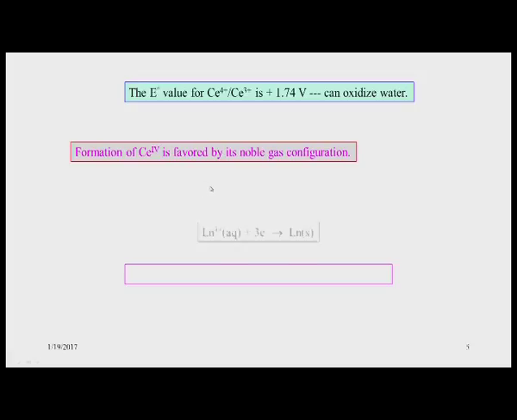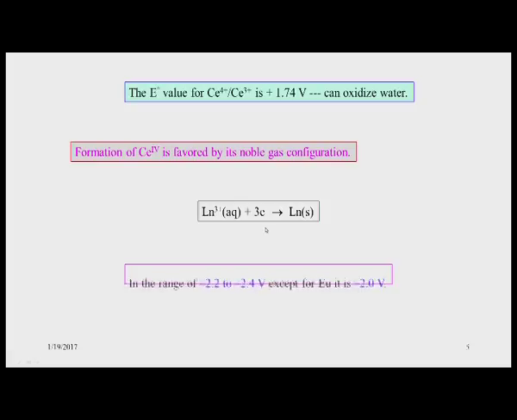So for cerium we get that, but for the reduction to the elemental state, the other way around, we go from plus 3 to plus 4, but if we go in the reverse direction, that means we transfer 3 electrons to the lanthanoids in the trivalent state, mostly in aqueous solution, we get the lanthanoids in the solid state. How good are they for their corresponding reductions?